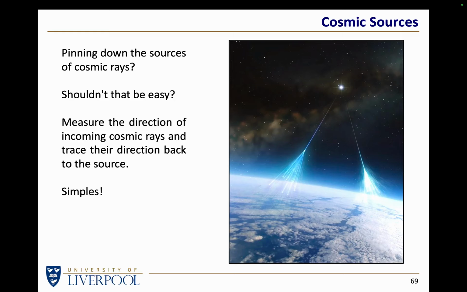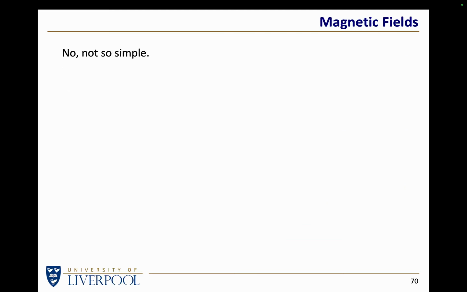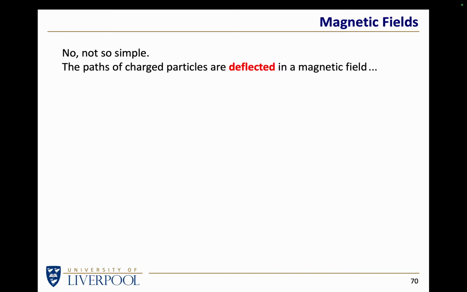We've done that with telescopes looking at light traveling across the universe. We can look at light that's traveled for billions of light years. Why can't we do it with cosmic rays? Well, it's not quite so simple with cosmic rays because they are charged particles rather than just light. And charged particles are deflected by magnetic fields, a fact of life in most physics undergraduate laboratories.